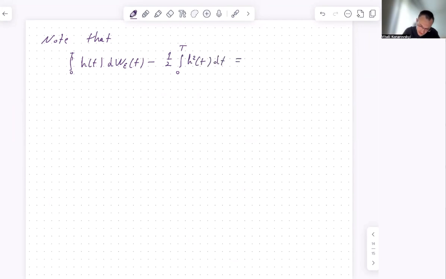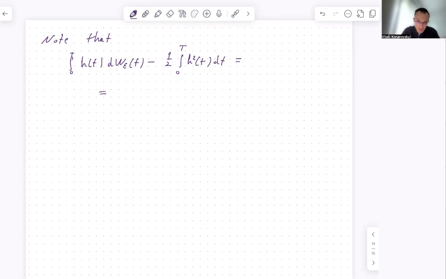Let's note that the integral from 0 to t of h(t) dW^epsilon(t) minus 1 over 2 times the integral from 0 to t of h squared of t dt. You can do that in the first integral, and I'm sure that you know the integration by parts formula for the stochastic integral. If not, then you can just prove it directly using the definition of the Riemann integral and repeating the usual proof of the integration by parts formula.